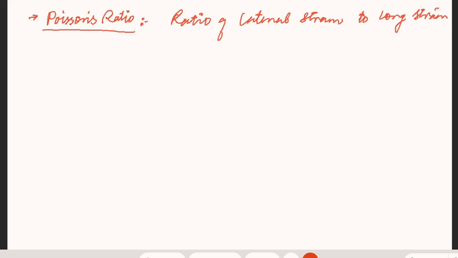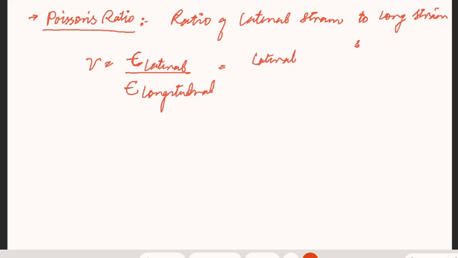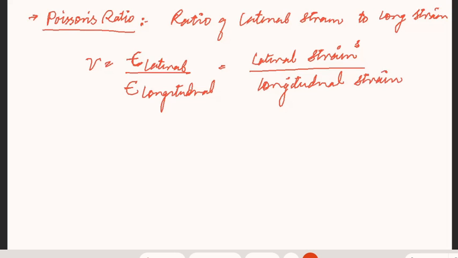We usually denote this Poisson's ratio by nu, which is epsilon lateral and epsilon longitudinal, or simply lateral strain and longitudinal strain.